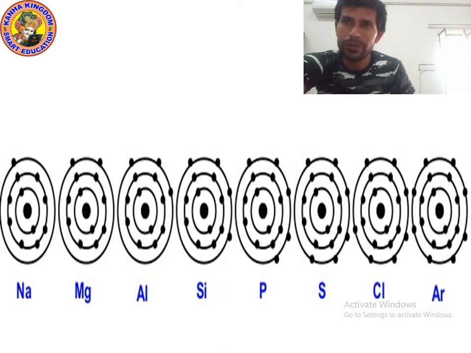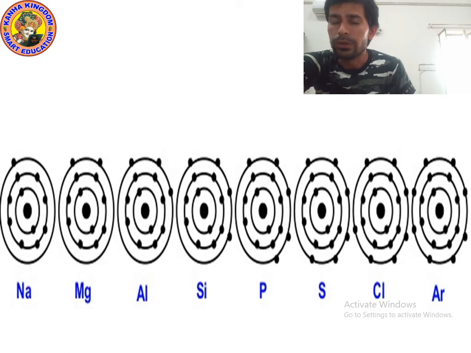Now in the same way for the argon, the symbol for argon is Ar, and argon has 18 electron. In first shell we can fill maximum 2, so we'll make 2 black dot. In second circle we can fill maximum 8, so we'll make 8.